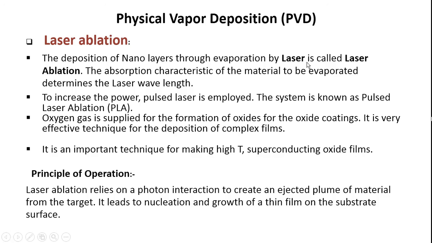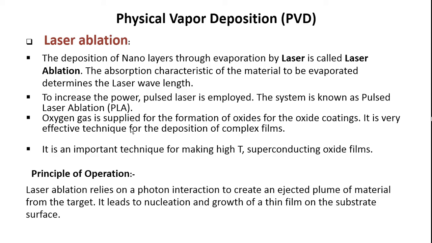That is actually the invisible high energy rays of photons, isn't it? So laser has a very high energy. So this laser can be used for the deposition of nanolayers through the evaporation technique. So what actually will be done by this laser?